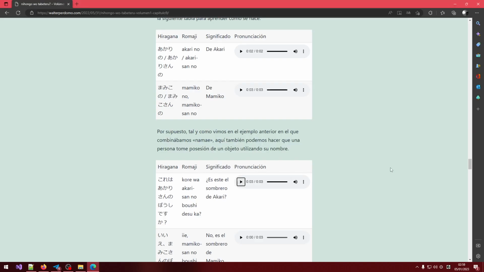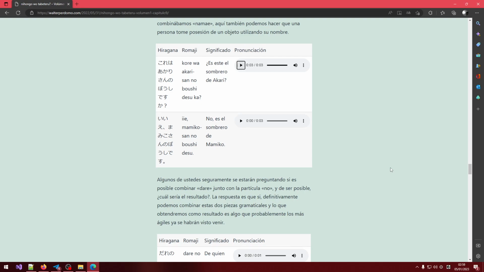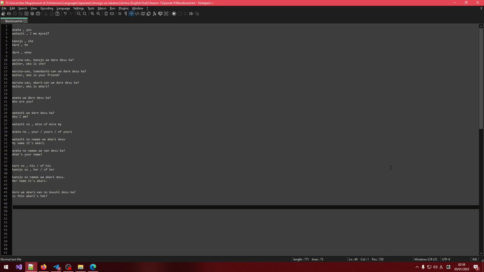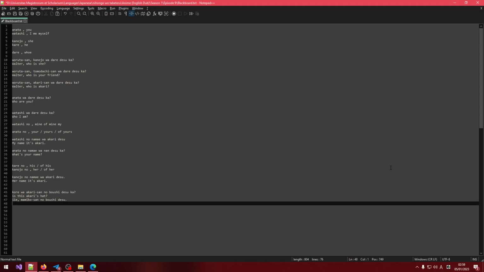And so, いいえ、まみこさんの帽子です。Gonna copy this one. いいえ、まみこさんの帽子です。Okay, and basically, no, it's Mamiko's hat.